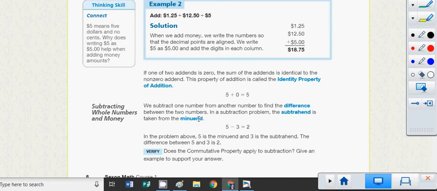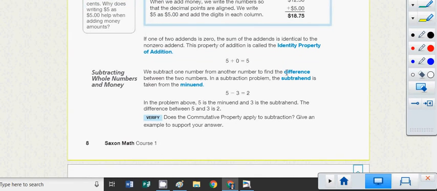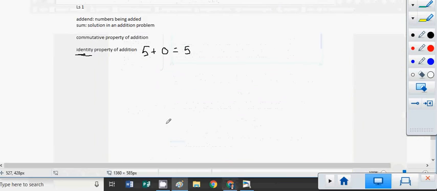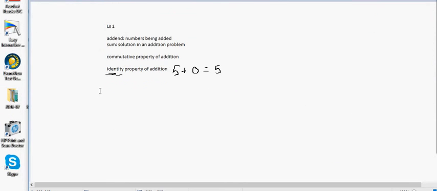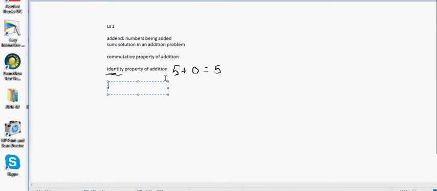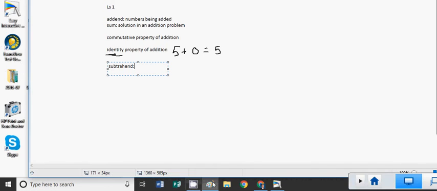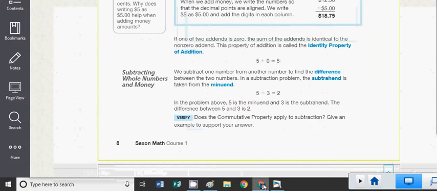We subtract one number from another number to find what's called the difference. All right, and I like how in this book, this new book, they automatically introduce what the names for the numbers going into a subtraction problem are called. Maybe you've never known, but they are called the subtrahend. And let me double check, is that the first number being listed in a subtraction problem?